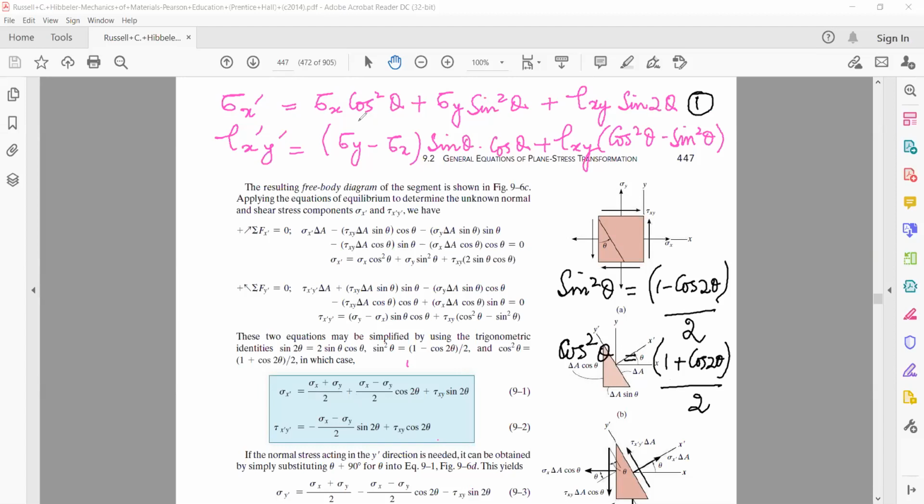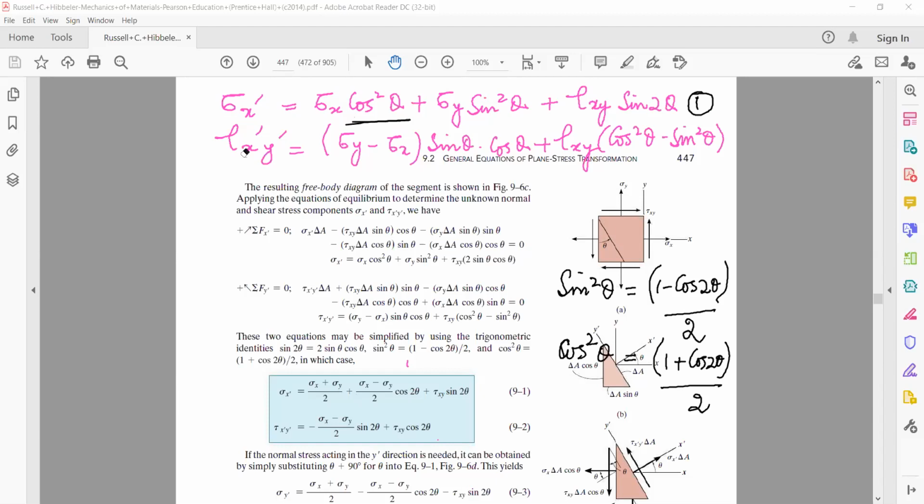In equation 1, in place of cos square theta we will write 1 by 2 into 1 plus cos 2 theta, and in place of sine square theta we will write 1 minus cos 2 theta divided by 2.